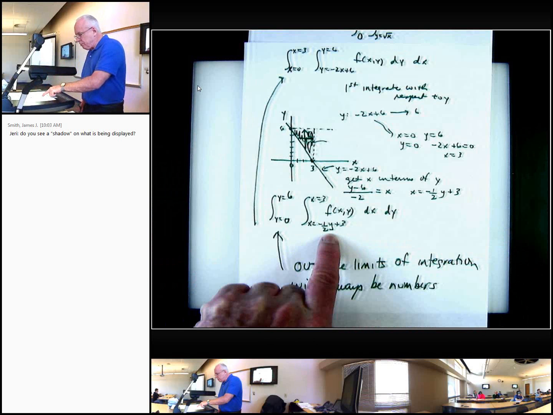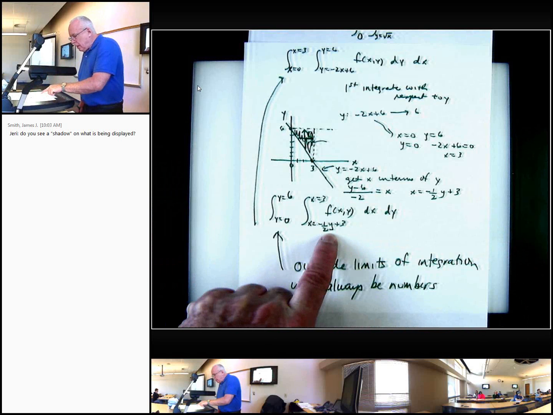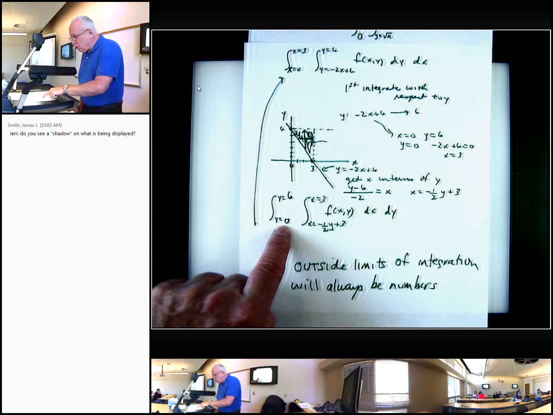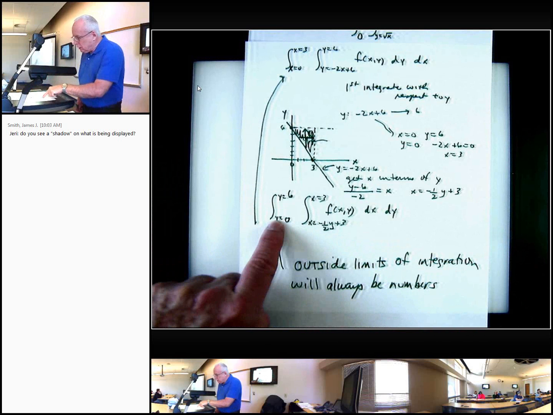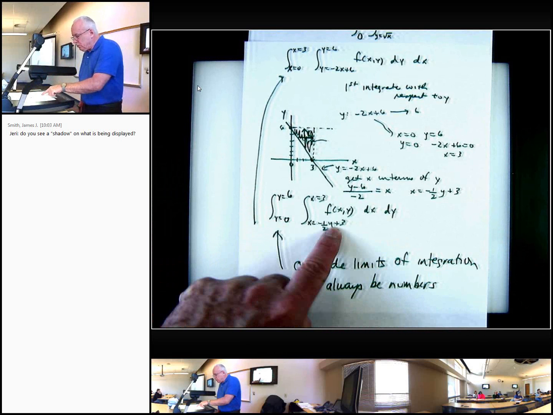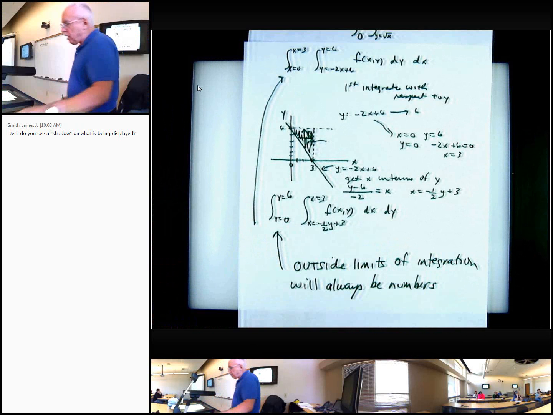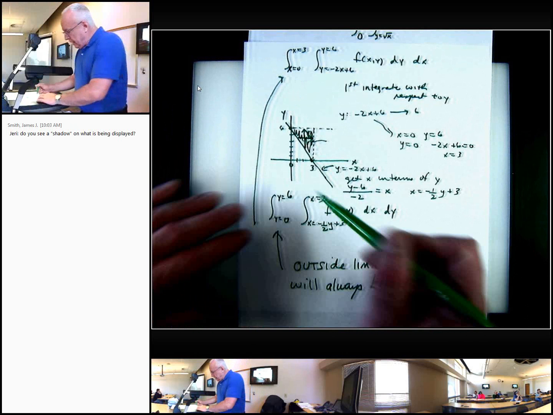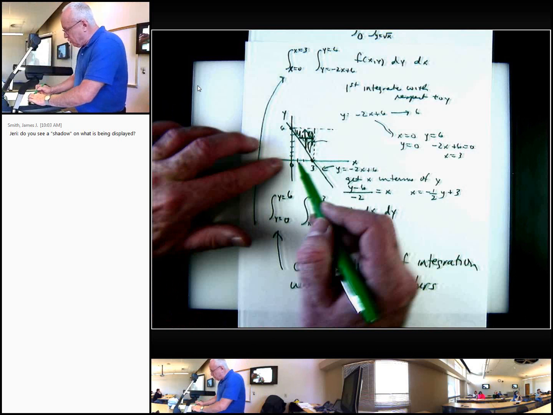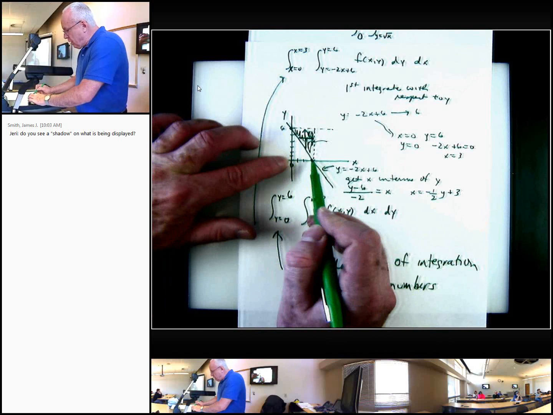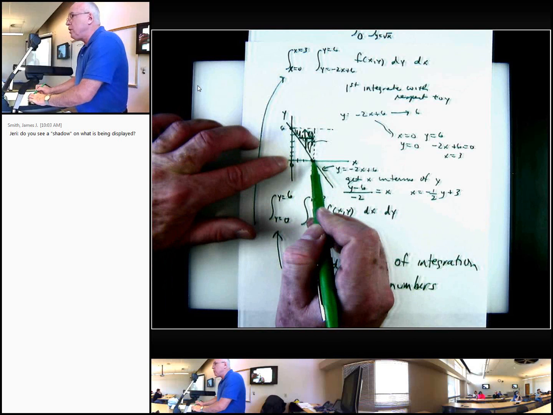So when y is 0, on the lower limit, x is equal to 0 plus 3, so x is just going from 3 to 3. And that is the correct thing. When y is 0, x is only going from 3 to 3. It's just that little point right there.